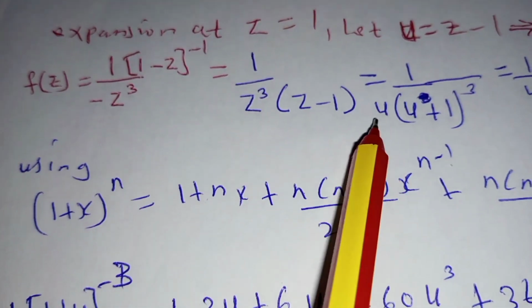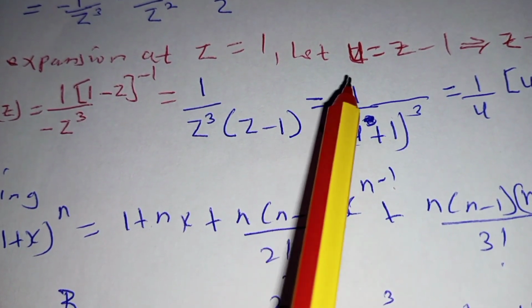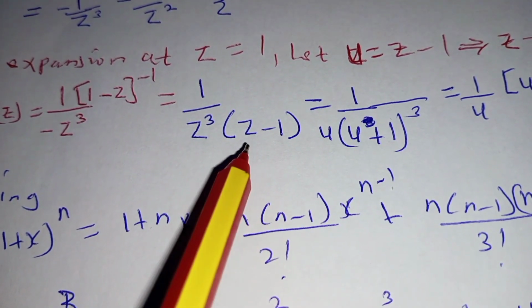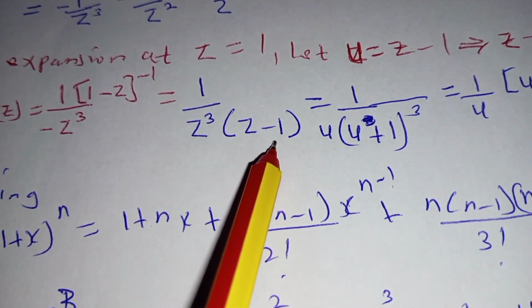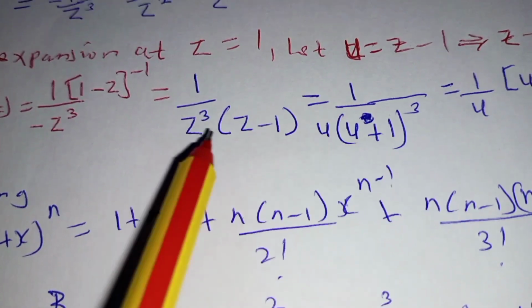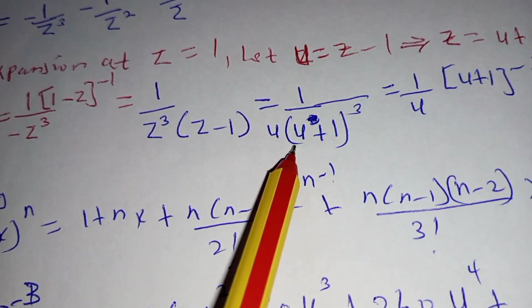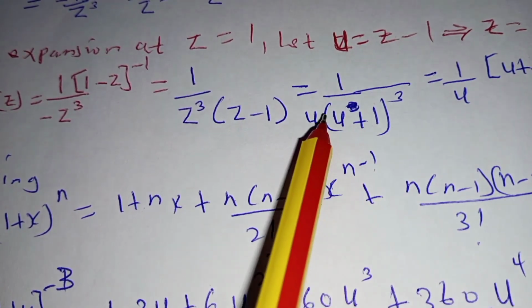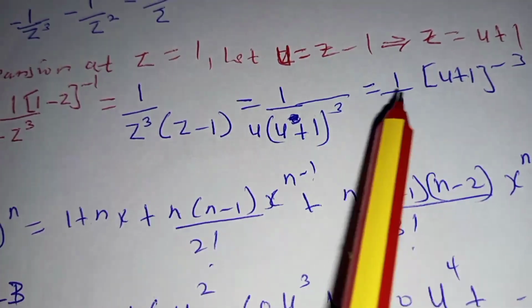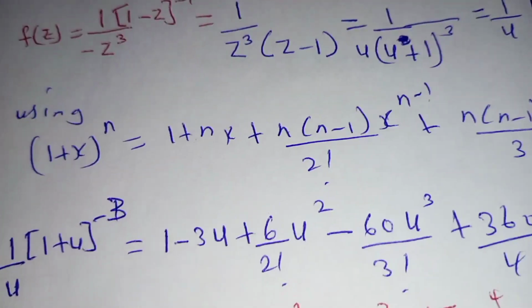Then we substitute: where you have u, you substitute it with z minus 1, and z is u plus 1. We take the denominator up so that instead of 1 plus u, it will be 1 plus u everything to the power negative 3.